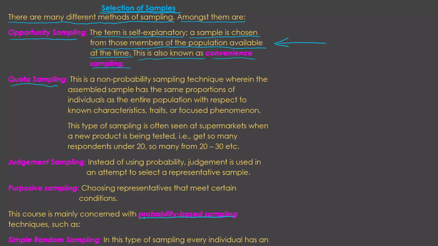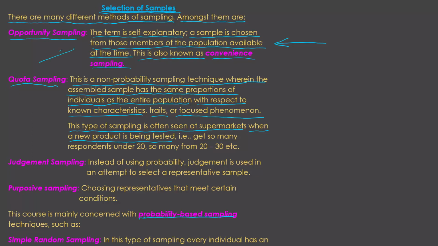Quota sampling. This is a non-probability sampling technique wherein the assembled sample has the same proportions of individuals as the entire population with respect to known characteristics, traits, or focused phenomenon. This type of sampling is often seen at supermarkets when a new product is being tested.